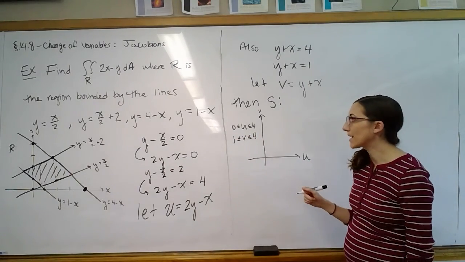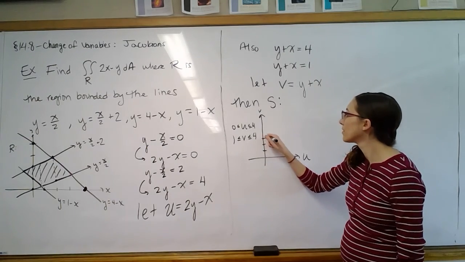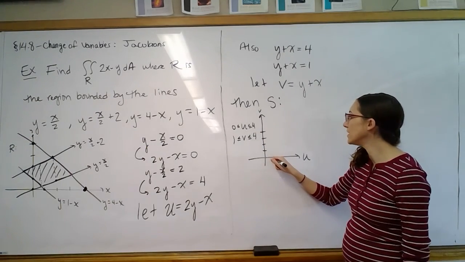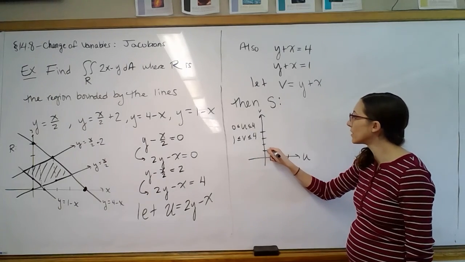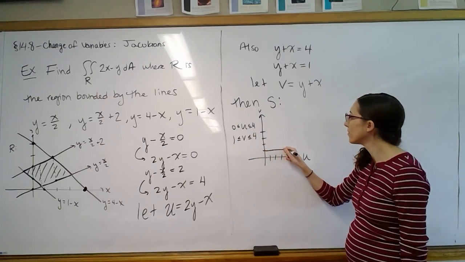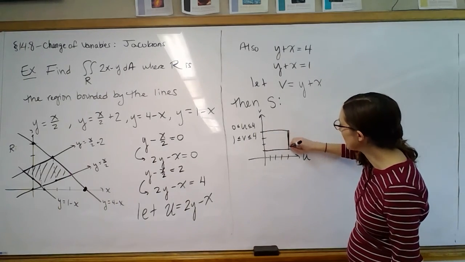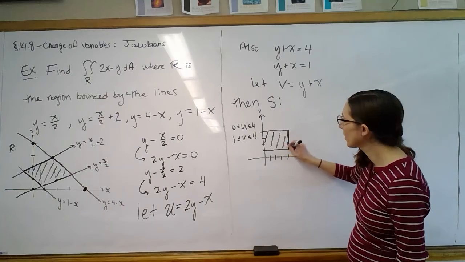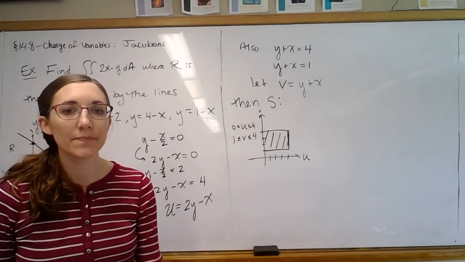So then we just get a rectangular region: u goes from 0 up to 4, and v goes from 1 up to 4. So we would have this rectangular region, which is much more simplified to put in an integral.